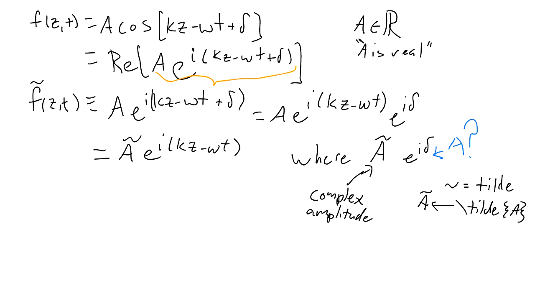What it was supposed to be, this A tilde was supposed to be the combination of my real amplitude times that phase factor with the phase constant. Thank you very much, my bad. Here, we'll erase this. Thanks for catching that. That would have been bad.